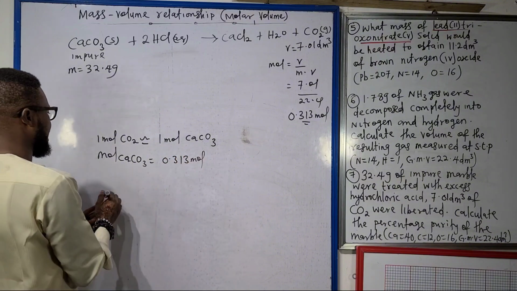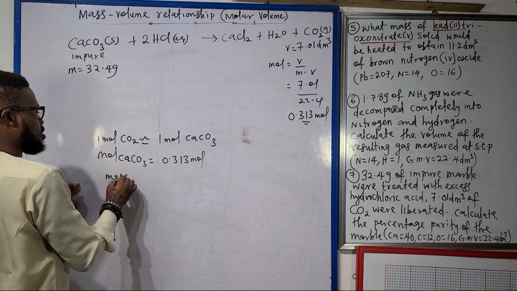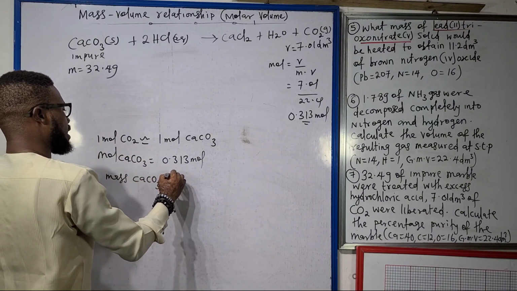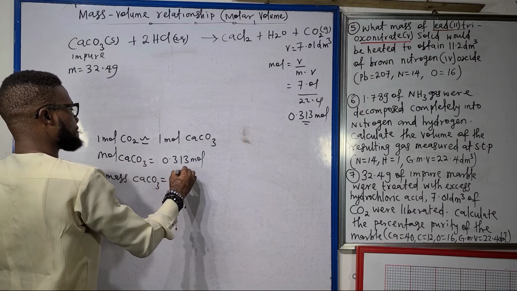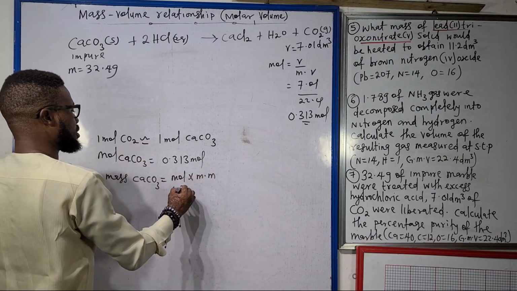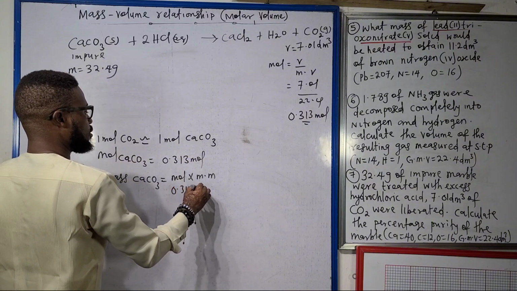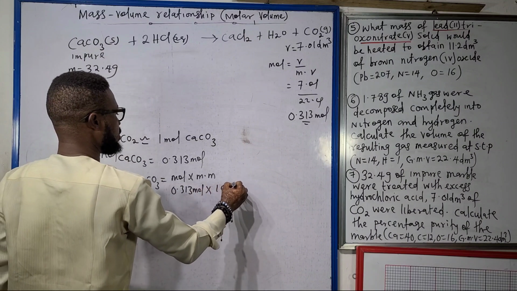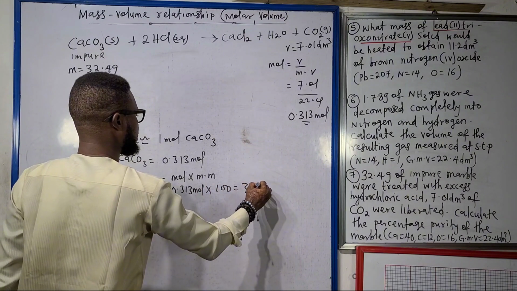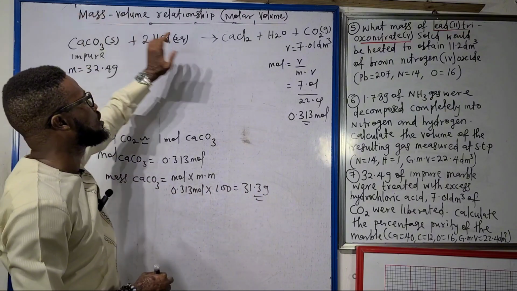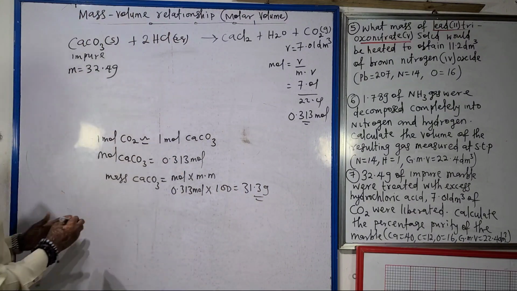And that said, now the mass of calcium carbonate here is going to be mole times molar mass, and that means 0.313 mole times molar mass of calcium carbonate, which is 100. So this will give us 31.3 gram. That is the mass of calcium carbonate that took part in this reaction.